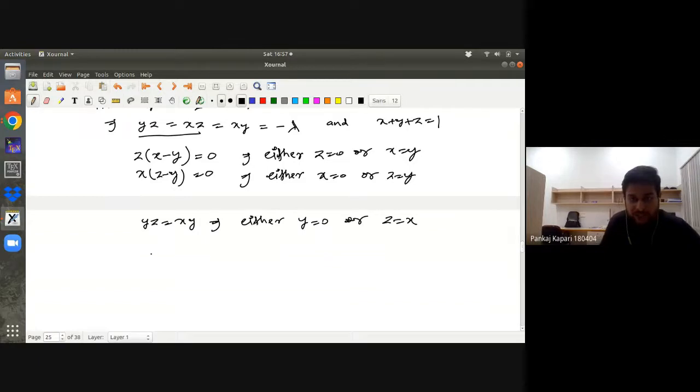Okay, assume that z is equal to 0, because the first condition said either z is equal to 0 or something else happens. First assume that z is 0. If z becomes 0, then this condition says that x plus y must be 1.